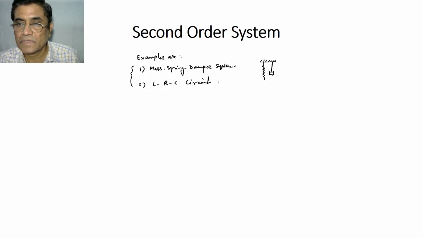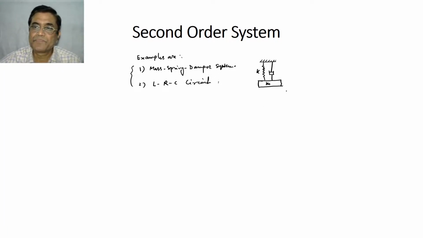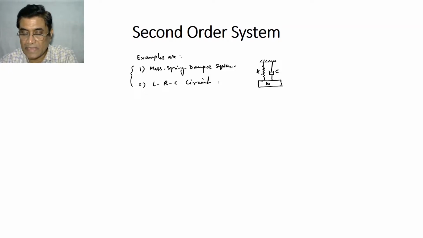Say I have a mass hanging from here. This is a fixed wall, hanging through a spring and a damper having damping coefficient C, and the spring has a stiffness value K. And say we are considering a single degree of freedom system.